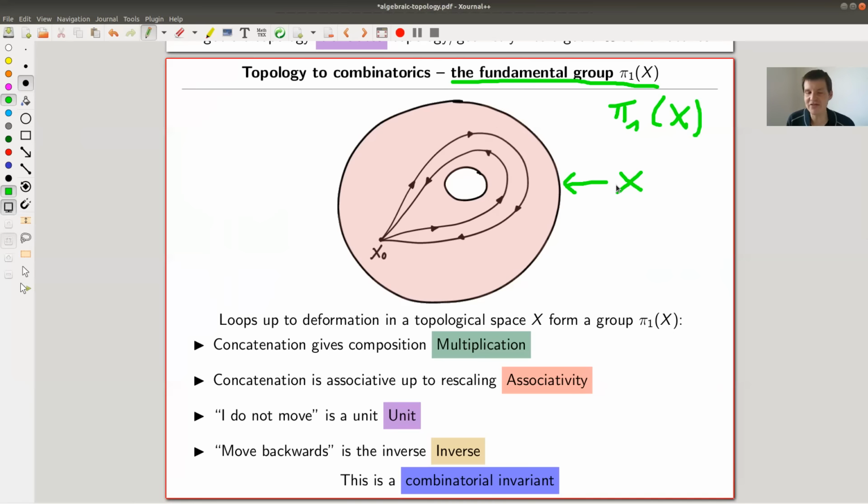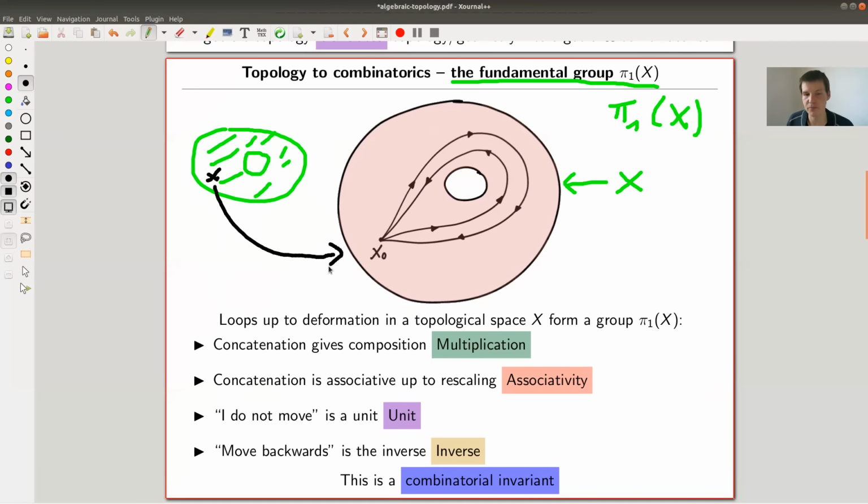And the idea is you can forget a lot of information that you have about X. So X is the thing I've drawn before. It's this shape with a hole. And the only thing you do is choose some base point, and that base point doesn't matter, it's called x0 in this picture. Forget it, it's not so important. It's just where everything starts.